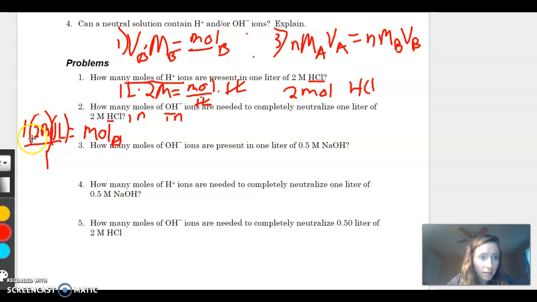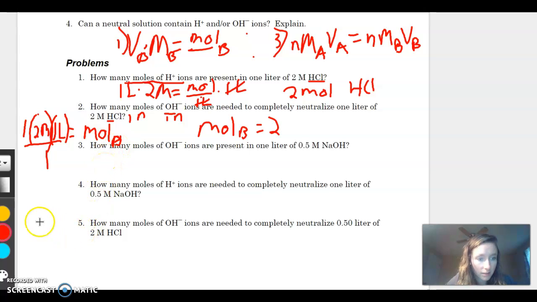So you would get 2 times 1 divided by 1. So your moles of B is just 2. So that answers this question: how many moles of base hydroxide ions are needed to completely neutralize 1 liter of 2 molar HCl?